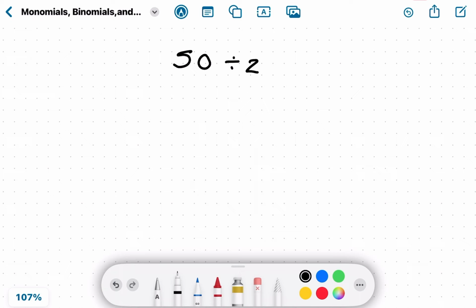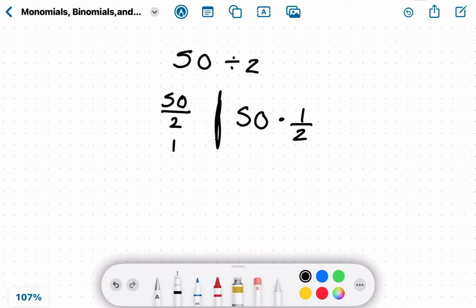Now, you can also write this as 50 divided by 2, or 50 times 1/2. Both things will give you the same answer.